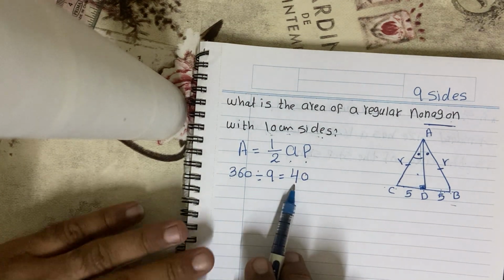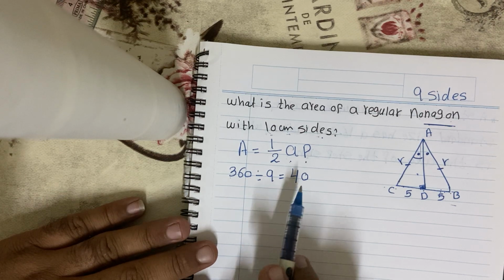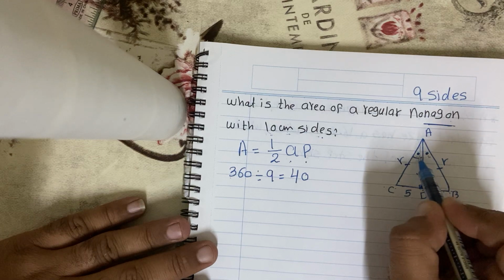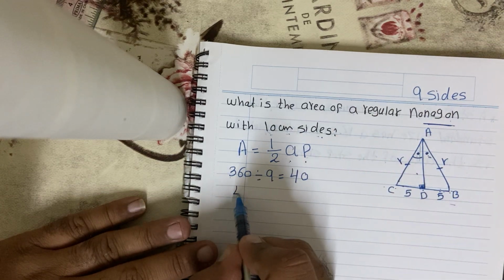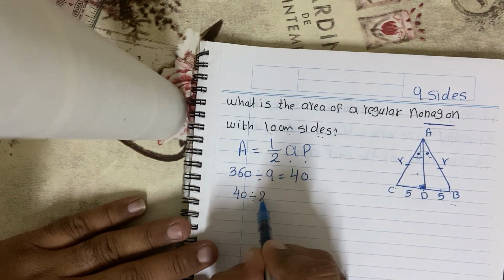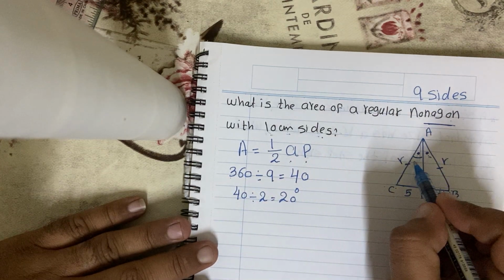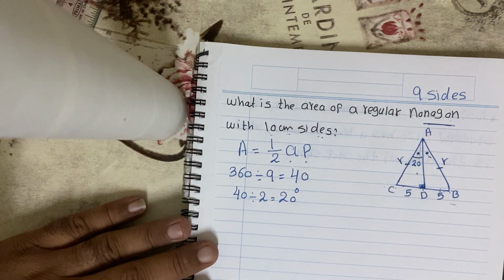This is the central angle. So divide this angle by 2 to find the small angles here, each one. So 40 divided by 2 equals 20 degrees.